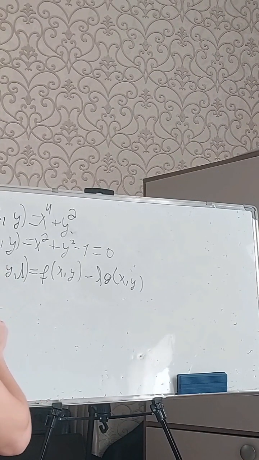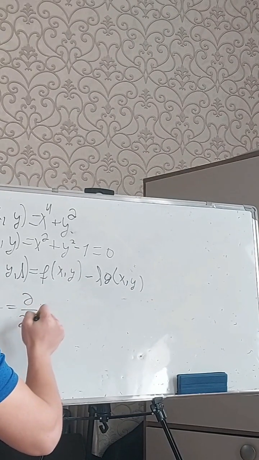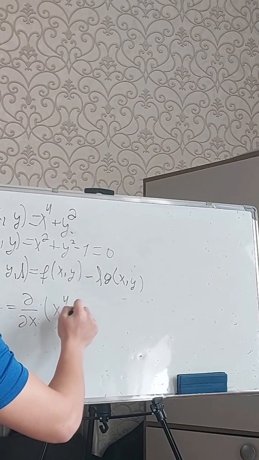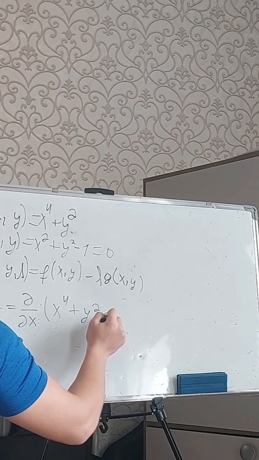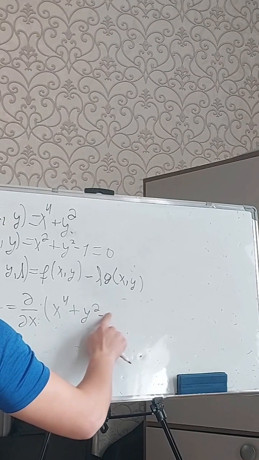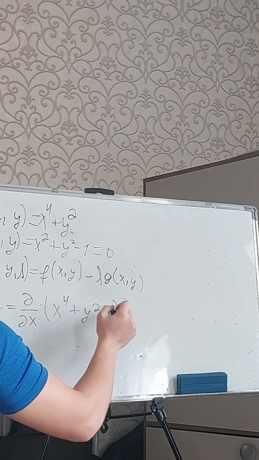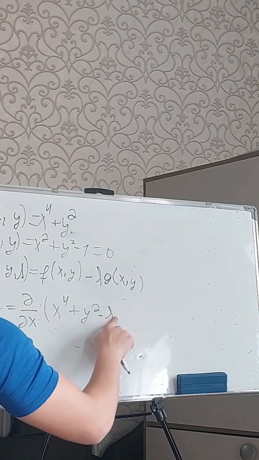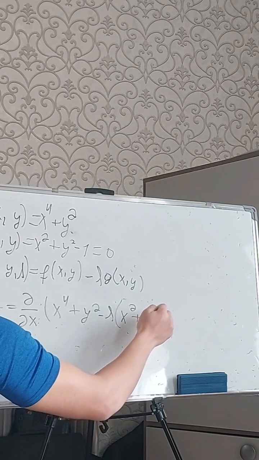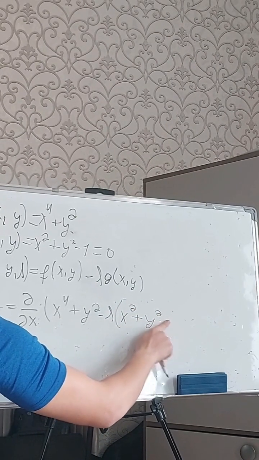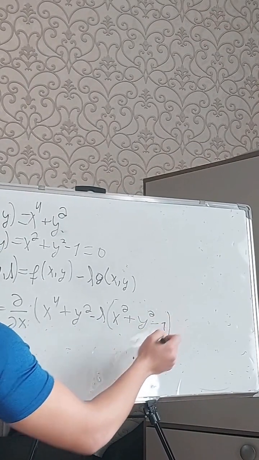L is the partial derivative of x to the power 4 plus y squared, minus lambda times x squared plus y squared minus 1.